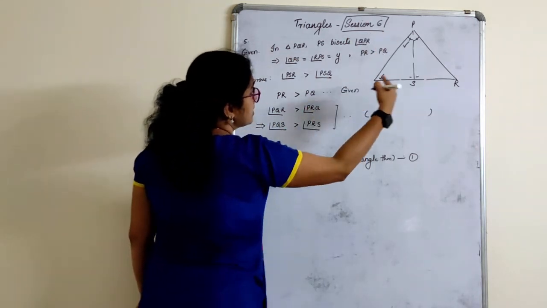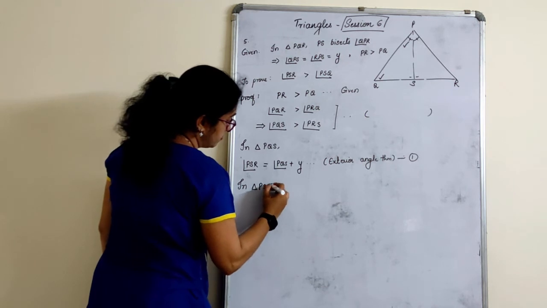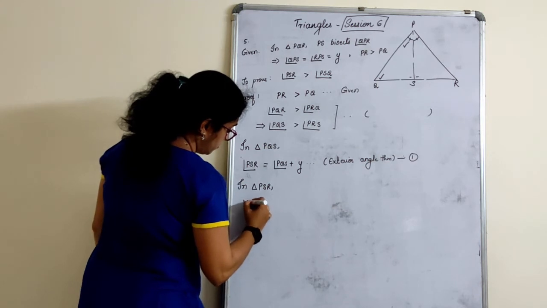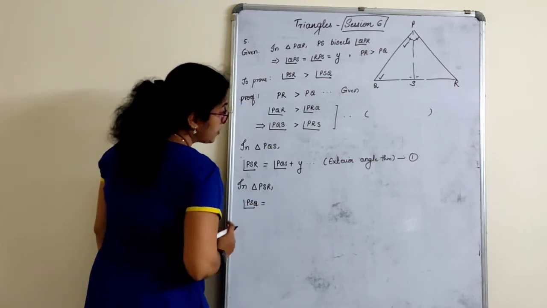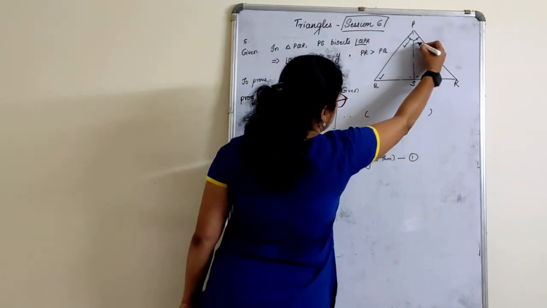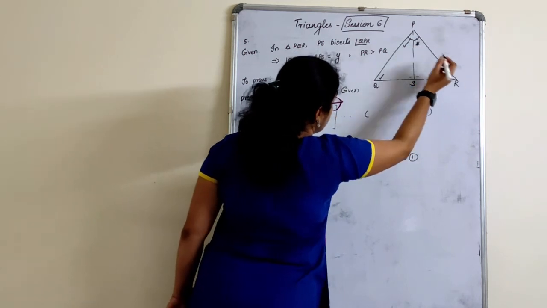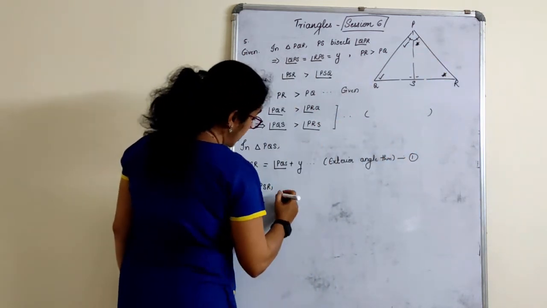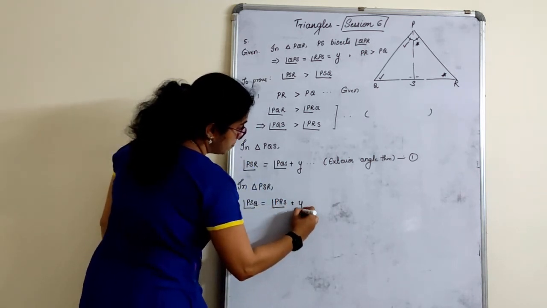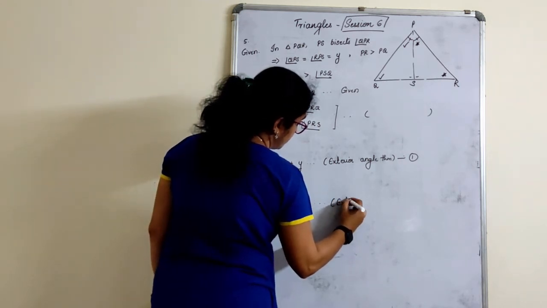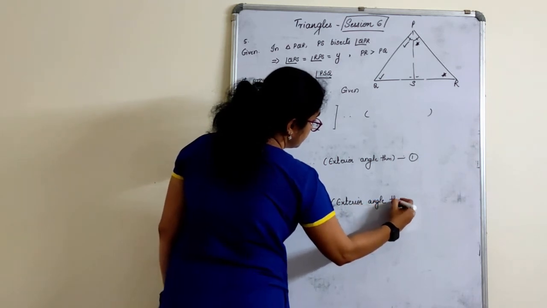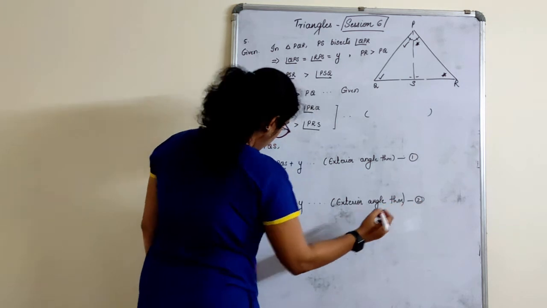Similarly, the other side of the triangle. In triangle PSR, angle PSQ is equal to the sum of this and this, which is PRS plus Y. Exterior angle theorem, equation 2.